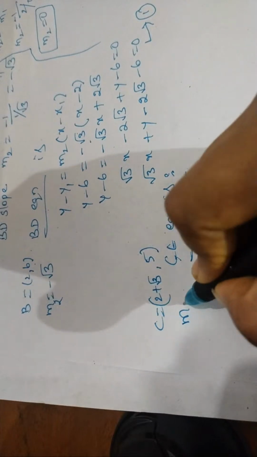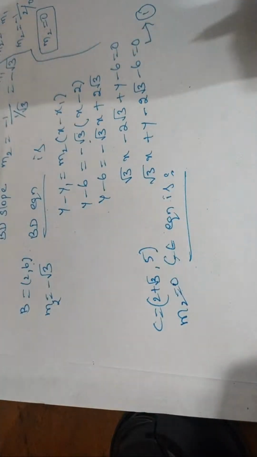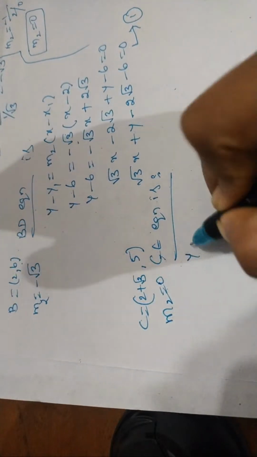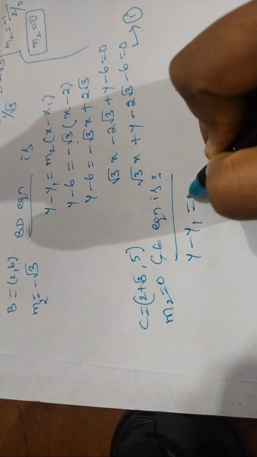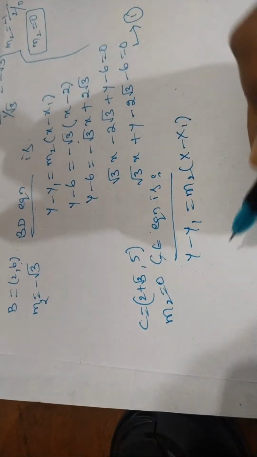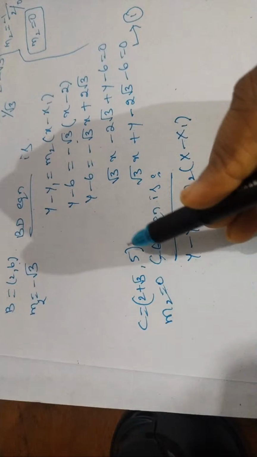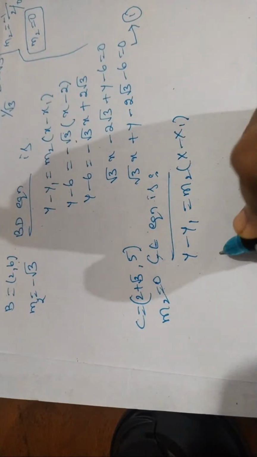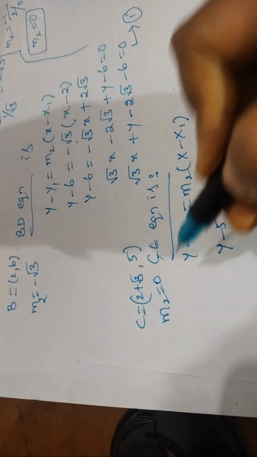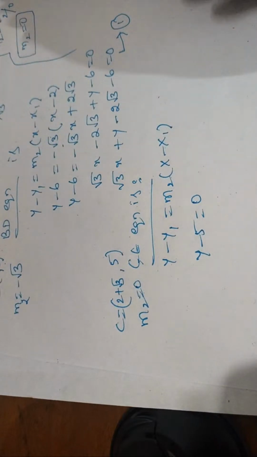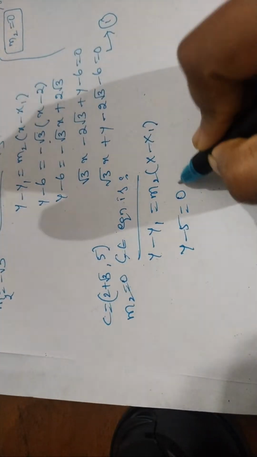What is the slope of CE? 0, we got it before. So now write the equation: y minus y1 is equal to m2 into x minus x1. What is y1 here? 5. We consider it as x1, y1. So y minus 5 is equal to m2, and m2 here is 0. 0 into anything is 0, so no need to write the remaining. So what is the y value from this?